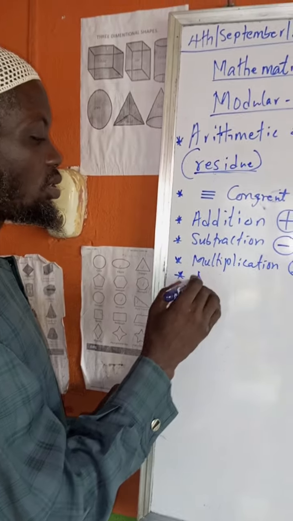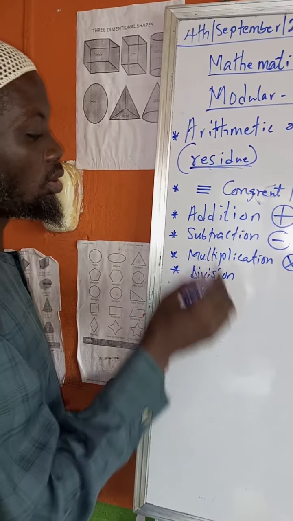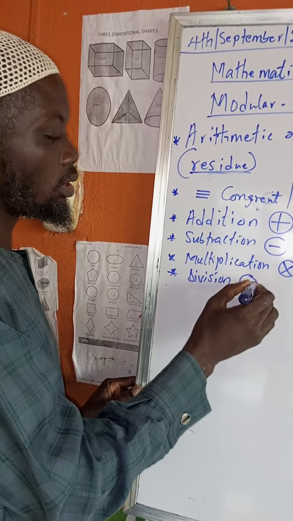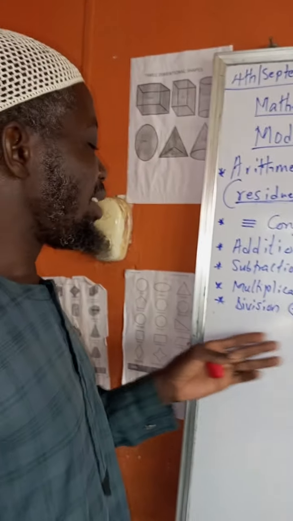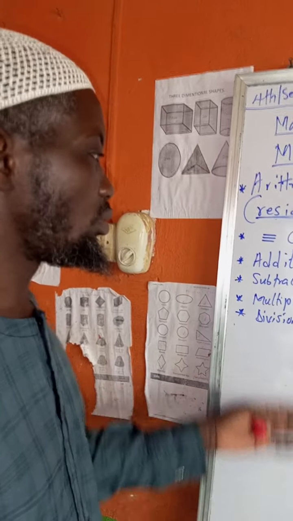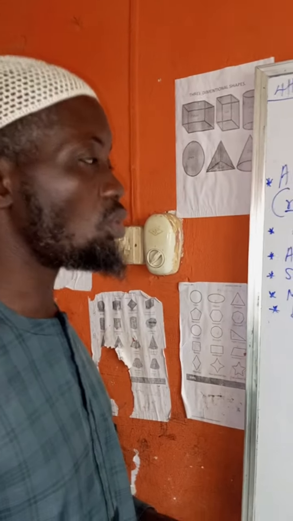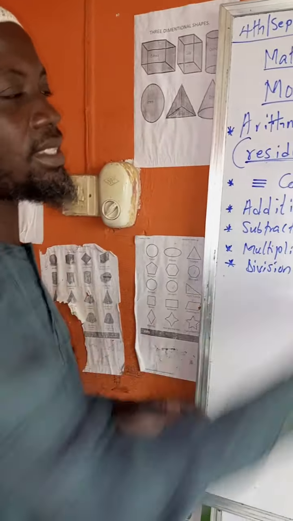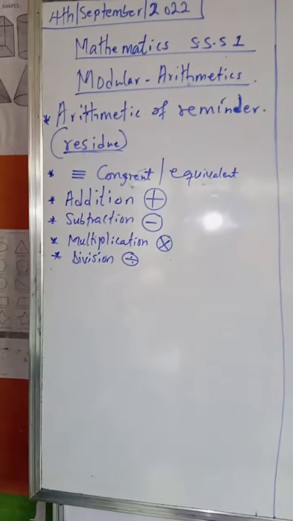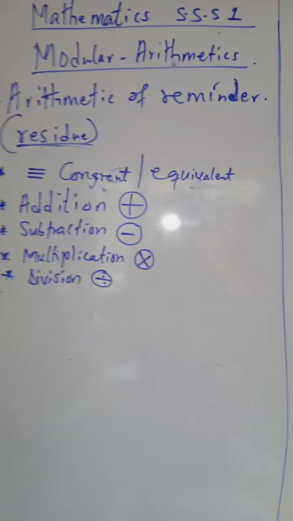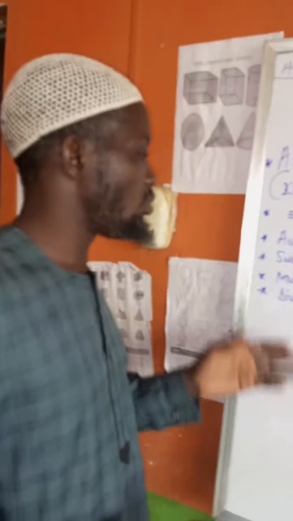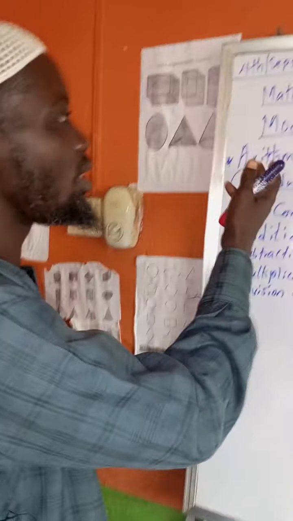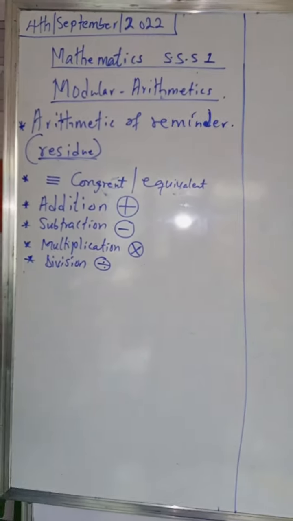And we have the division mostly like this. You have different operations under modular arithmetic, so we need to take cognizance of all this. By the time we start going into it, you will see more of them. So modular arithmetic is the arithmetic of remainder, that is, what remains.